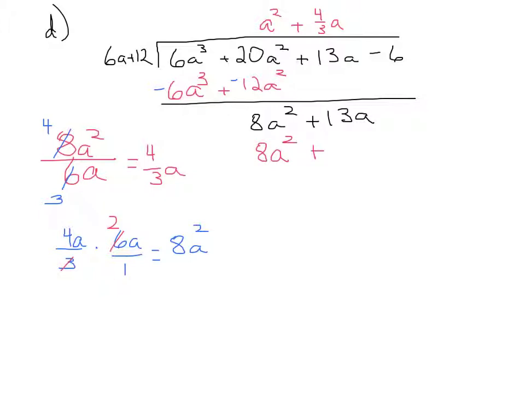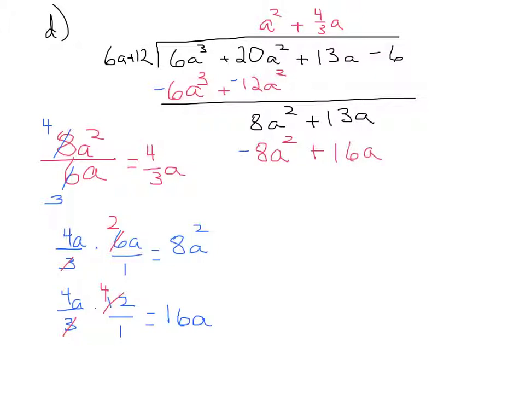And now what's 4/3 a times 12? 3 goes into 12 4 times. Multiplying the numerators, we get 4 times 4 is 16a, and the denominators are 1, so we just write 16a.